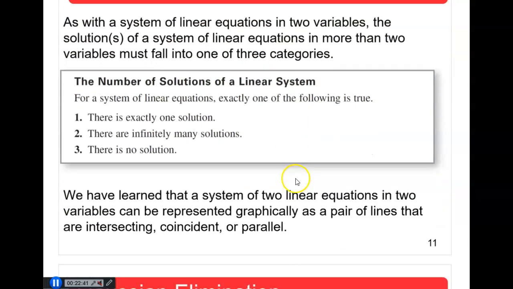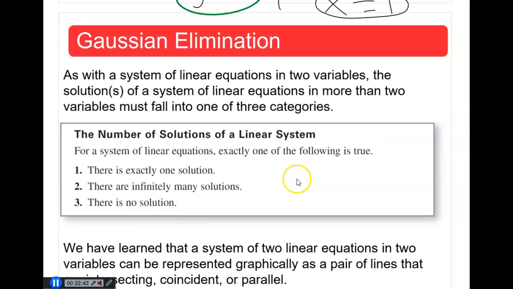Okay, so as with a system of linear equations in 2 variables, the solutions of a system of linear equations in more than 2 variables must fall into one of 3 categories. So just like we did with systems of 2 by 2, we had systems that had only one solution. We had systems that had infinitely many solutions, that were the ones where the lines were overlapping.